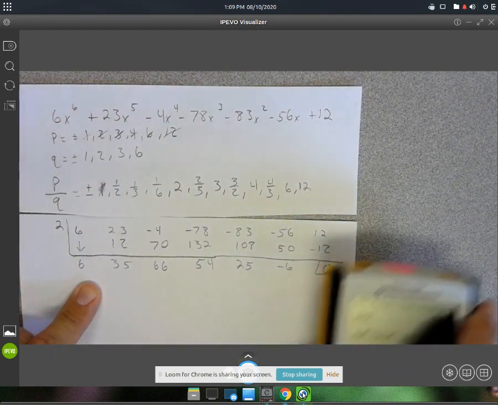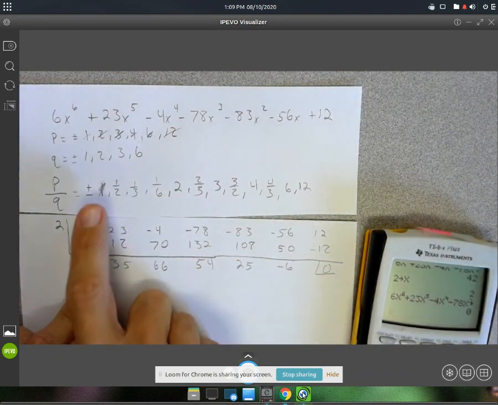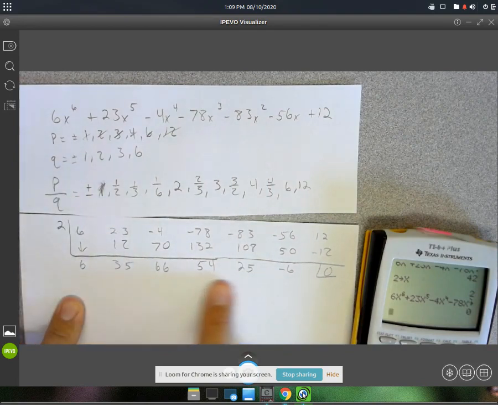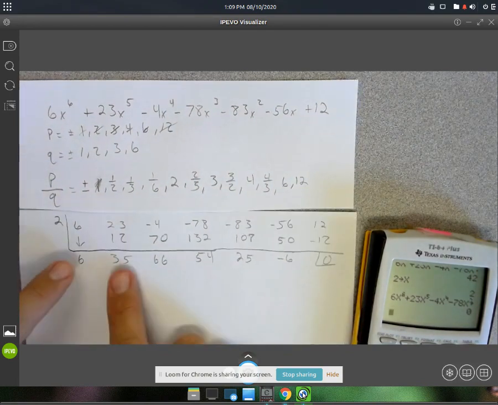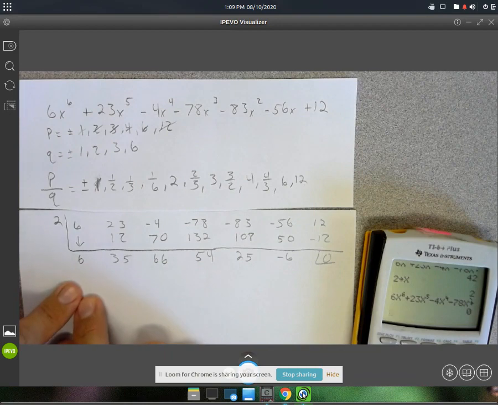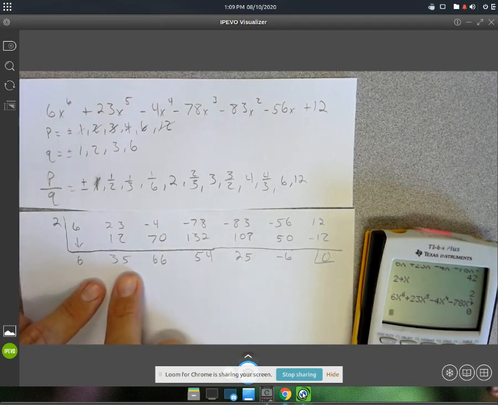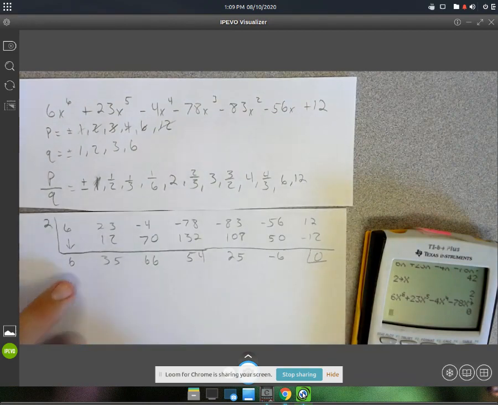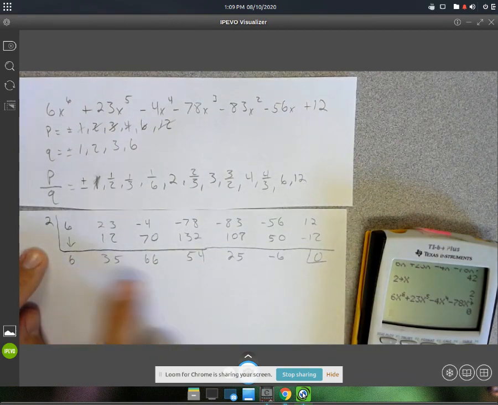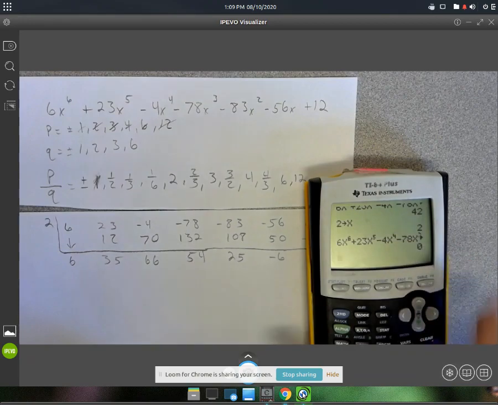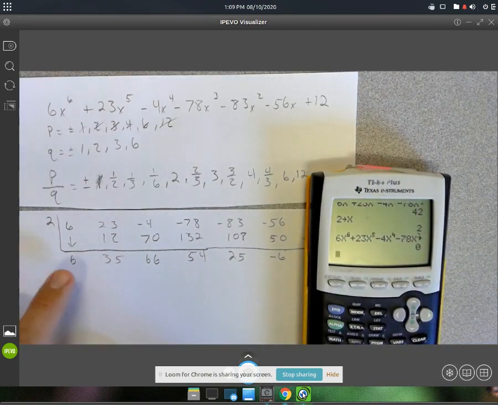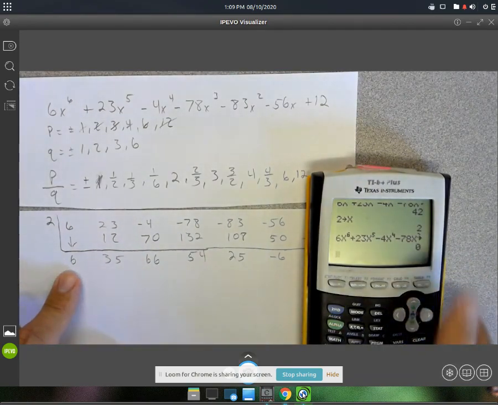Now, I already know 1 doesn't work when I plug in 1 for all this. By the way, I'm not going to actually write out 6x to the 5th power plus 35x to the 4th power. I'm just going to leave it like this, and I'm going to use my synthetic division later based off of this. So let's type my new expression into the calculator.